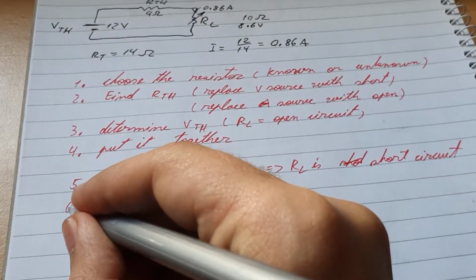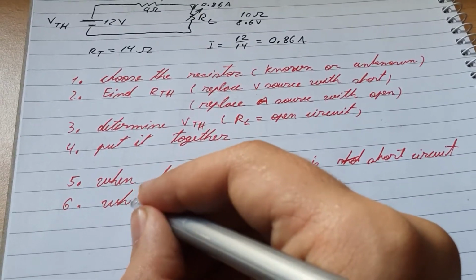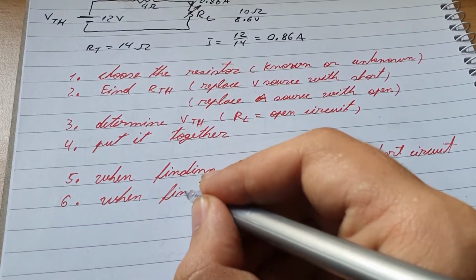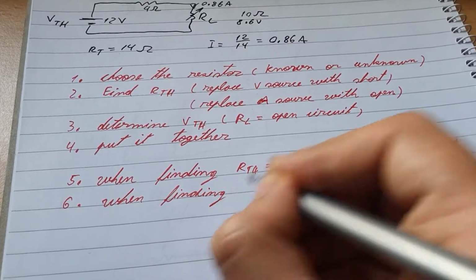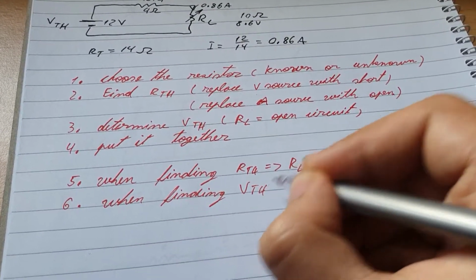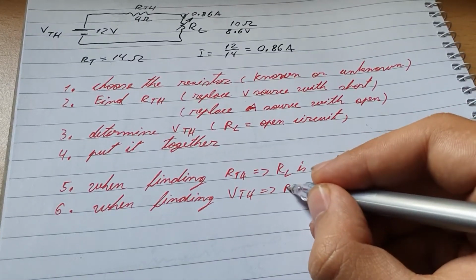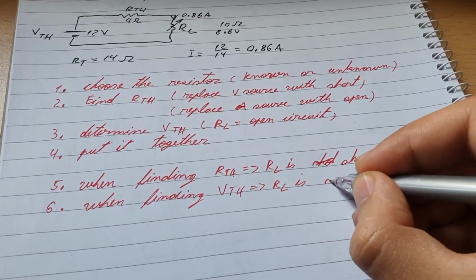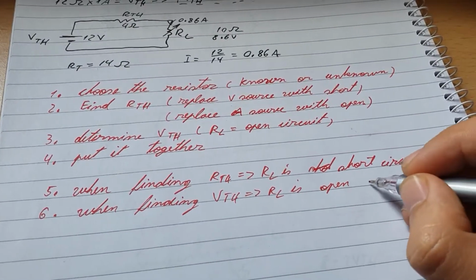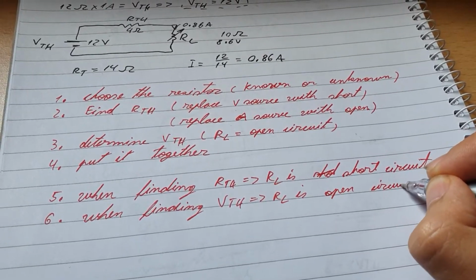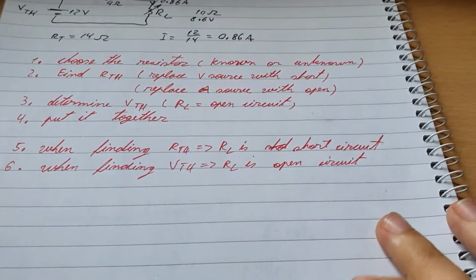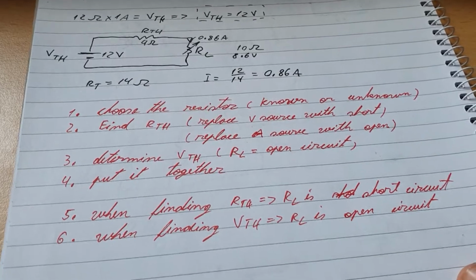And then rule number 6: when finding VTH, then RL is open circuit. Okay, so we add the other 2 rules to it.